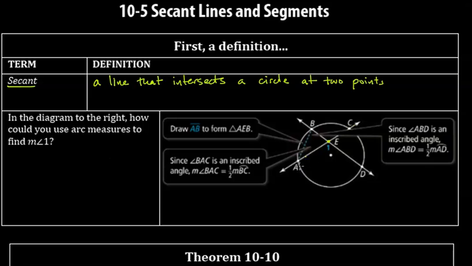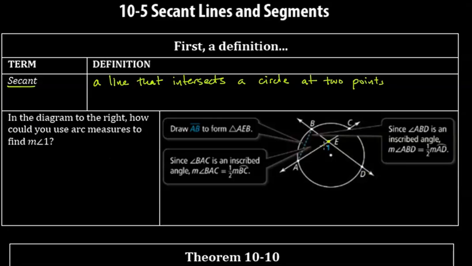These two secants intersecting are chopping our circle into 4 different arcs. We got arc BC, arc CD, arc DA, and arc AB.